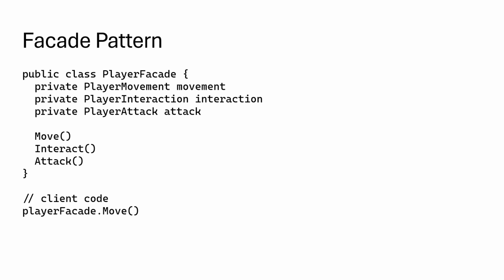Then you provide the bridging methods for it. And all your client code needs to do now is get this reference to the facade class object and then call the bridging method if required. Then it works properly.